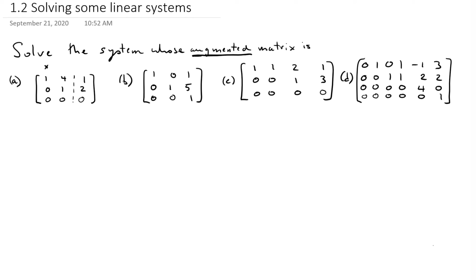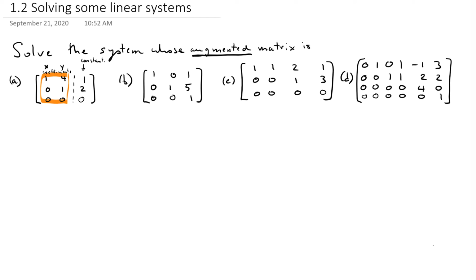So if you've got three columns, that means you've got two variables, because the last column includes the constants, and the first two include the coefficients for those variables, even though I wrote x, y. Sometimes we will call that matrix the matrix of coefficients.